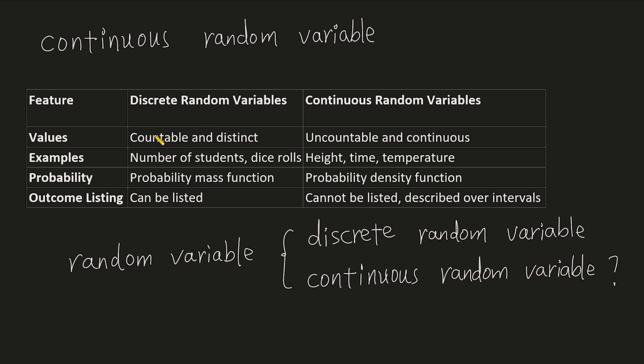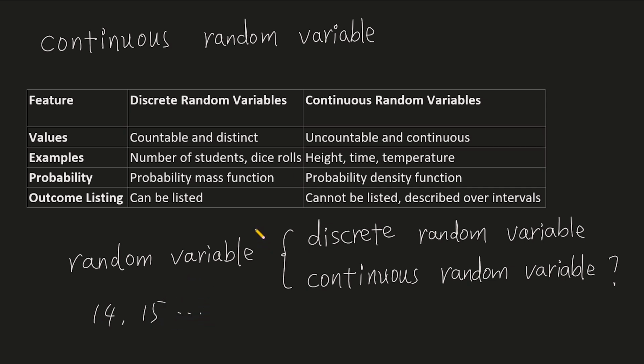The possible values of a discrete random variable are countable and distinct. For example, if the possible values of a discrete random variable are the number of students, the number of students is countable. For example, it can be 14, 15, and so on.